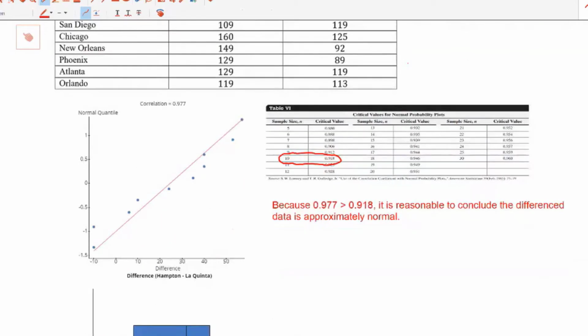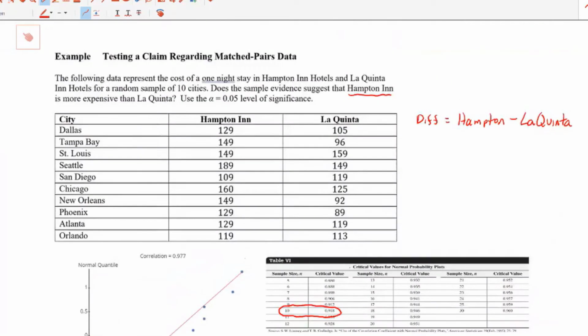And so when we structure our null and alternative hypothesis, the null hypothesis is a statement of no difference. So our null hypothesis is that the mean difference in the price of the hotels is 0. We're wondering whether or not Hampton is more expensive than La Quinta.